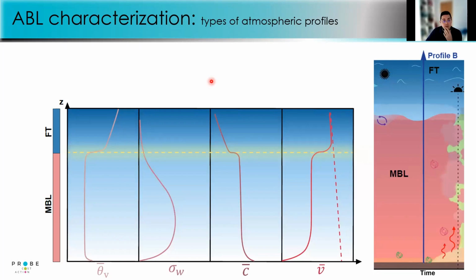If we explore the ABL with different instruments, we will obtain different signatures depending on the different properties that we measure. For example, we have here the virtual potential temperature, the standard deviation of the vertical wind speed, the concentration of aerosol particles, and the horizontal wind speed also. These are the profiles representing this profile B within the daily evolution.